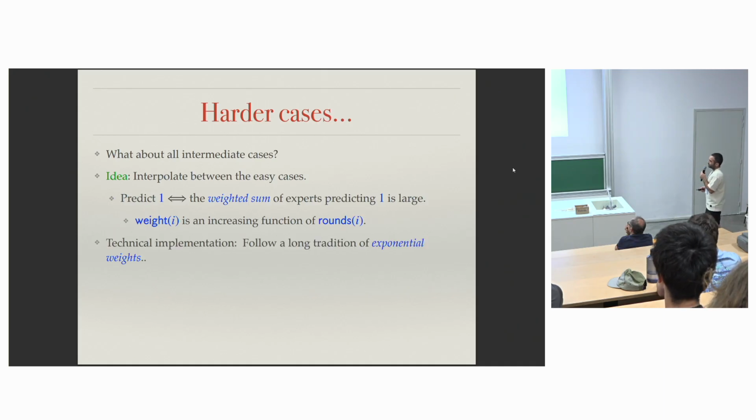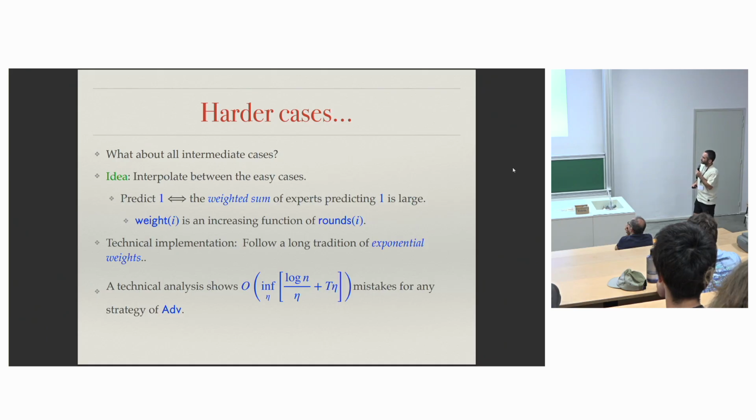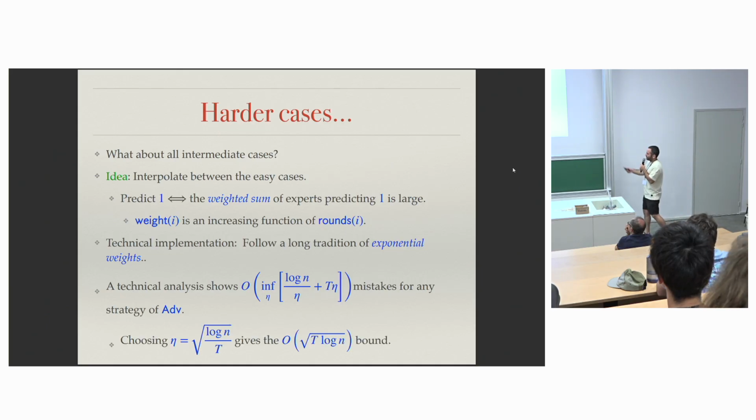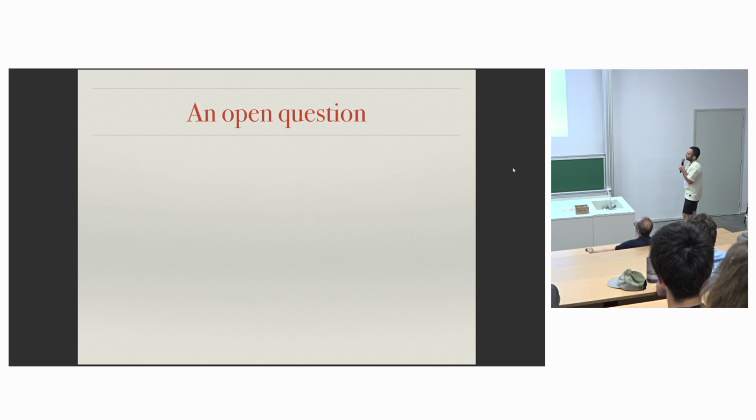Technically, we implement this by using exponential weights. So the weight of i is exponential in the rounds number. And if we do a technical analysis, we have a mistake bound of something like log n over eta plus t eta for every eta and for every adversarial strategy. And if we choose eta correctly, we get the square root of t log n mistake bound.